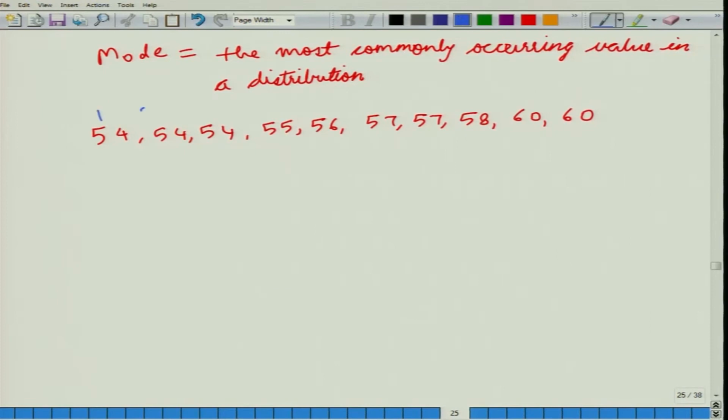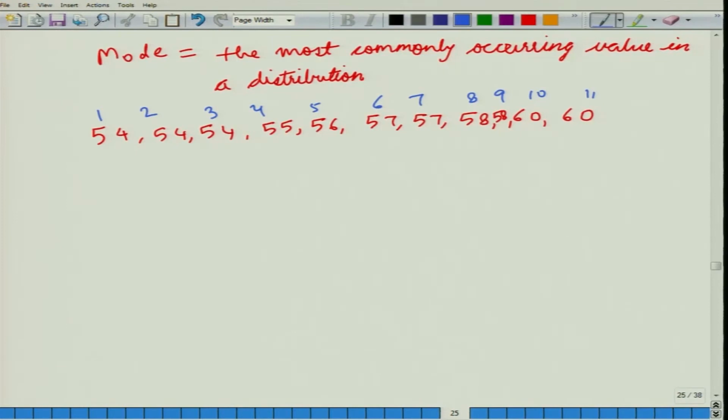So, this is the first, second, third, fourth, fifth, sixth, seventh, eighth, ninth, 10th, or maybe we are missing one, 58, 58, 60 and 60. So, this is the 9th, 10th and the 11th values.